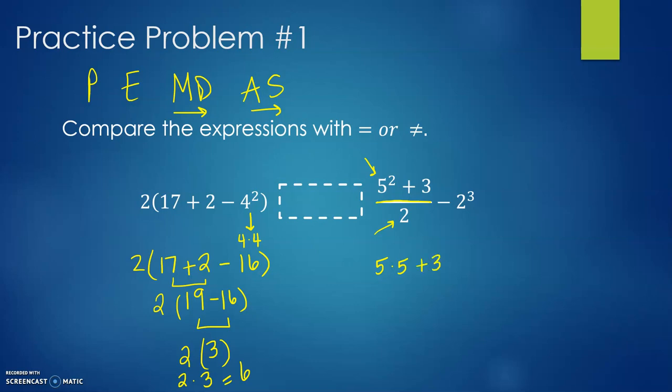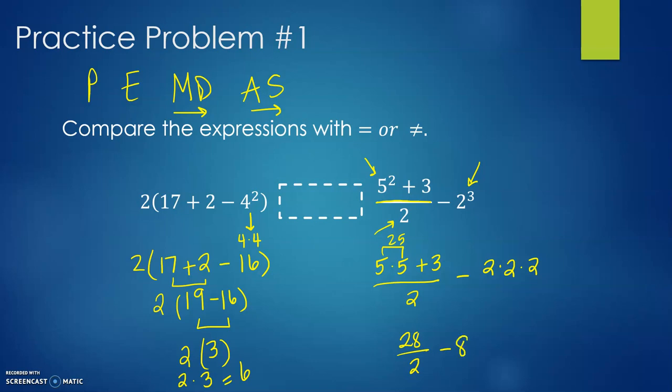And then add 3 over 2. And then this right here is 2 times 2 times 2. So 5 times 5 is 25. 25 plus 3 is 28. And then this over here, 2 times 2 is 4, times 2 again is 8.